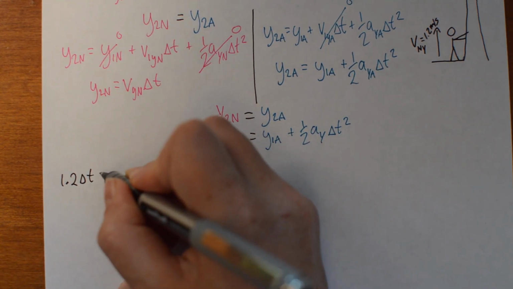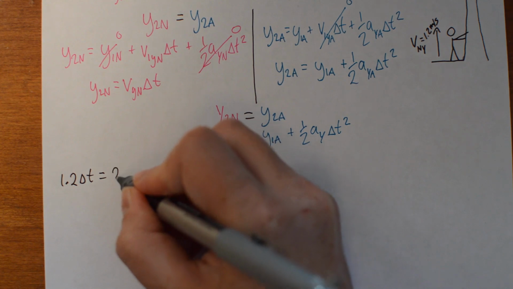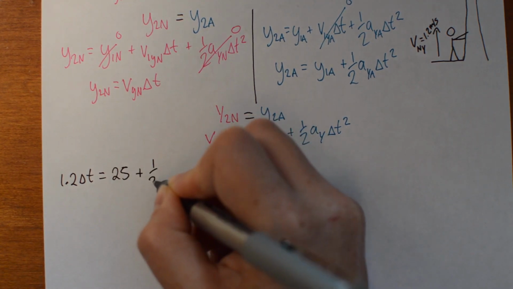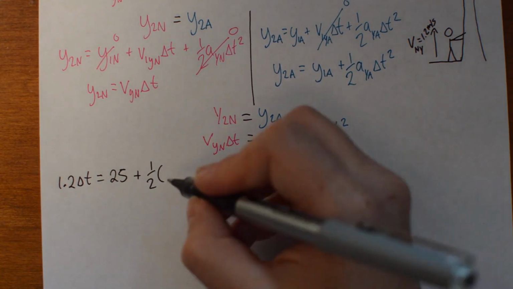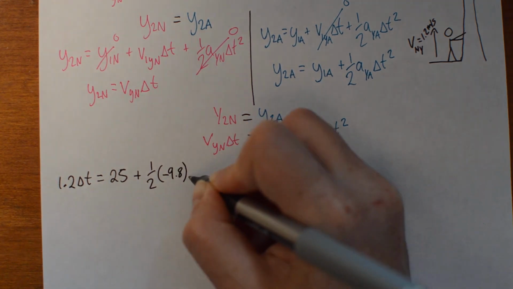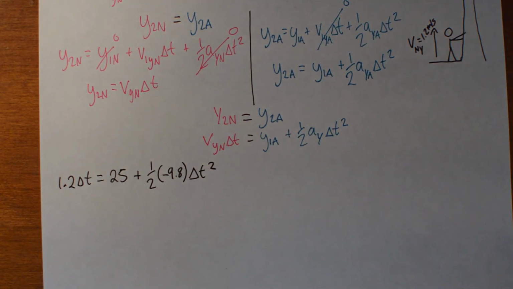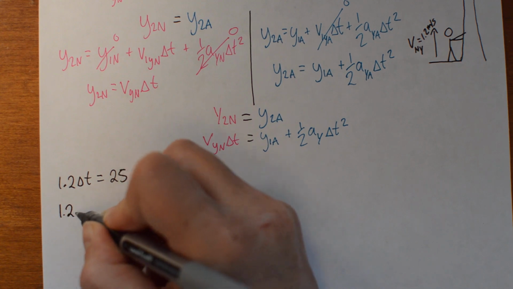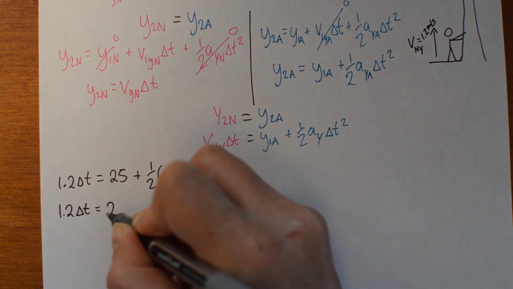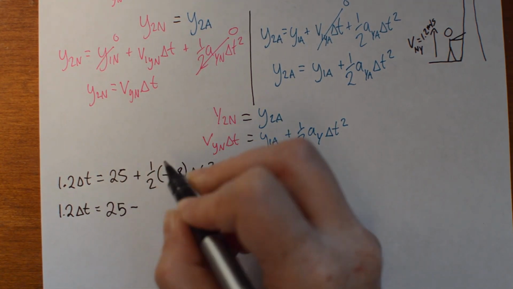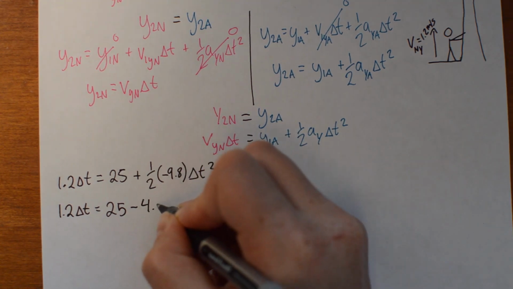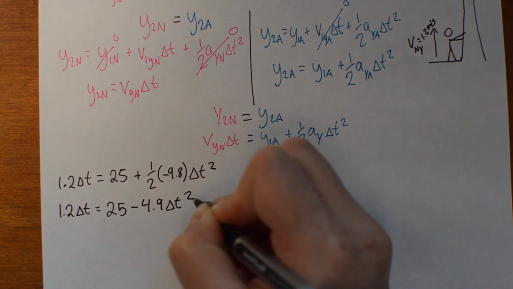And that equals the initial height of the apple, that's 25, plus a half times the acceleration of the apple, that's negative 9.8, times delta t squared. I'll simplify: 1.2 delta t equals 25 plus a half times negative 9.8, which is negative 4.9 delta t squared.